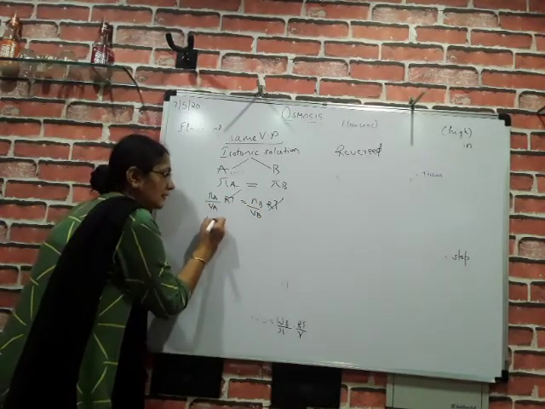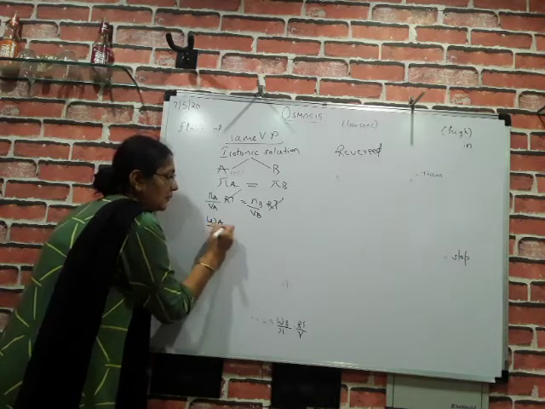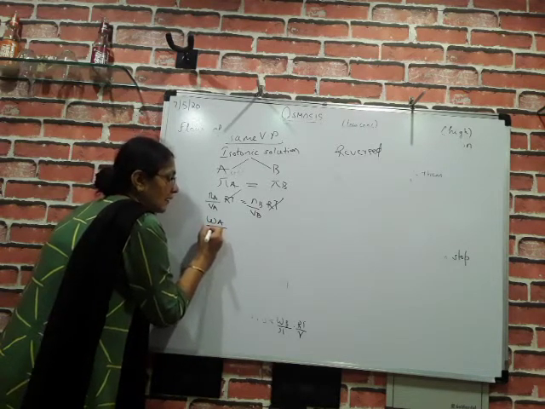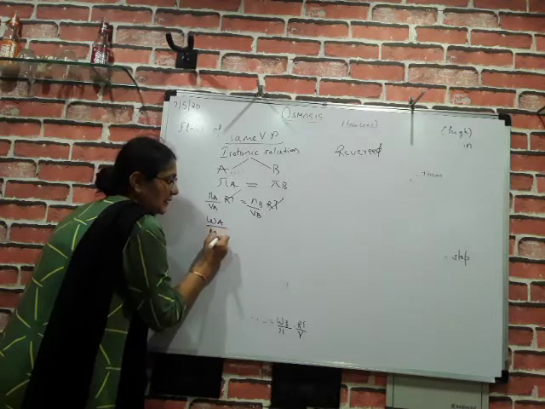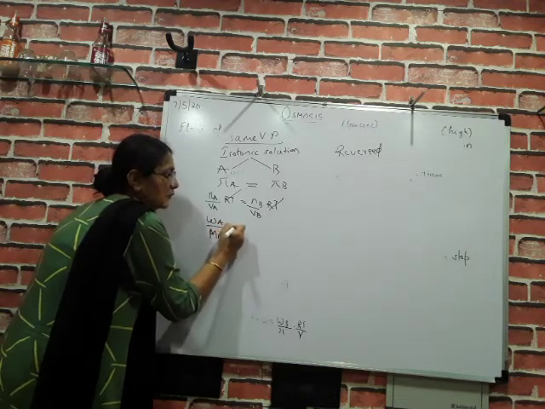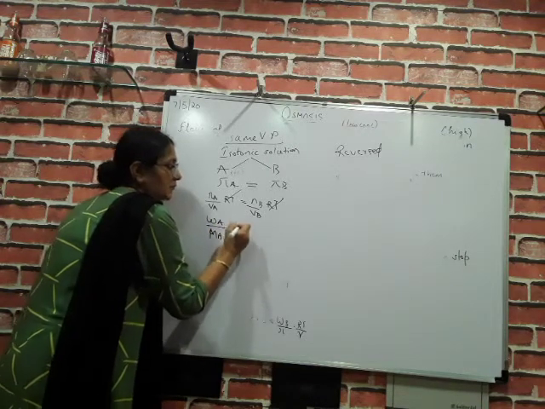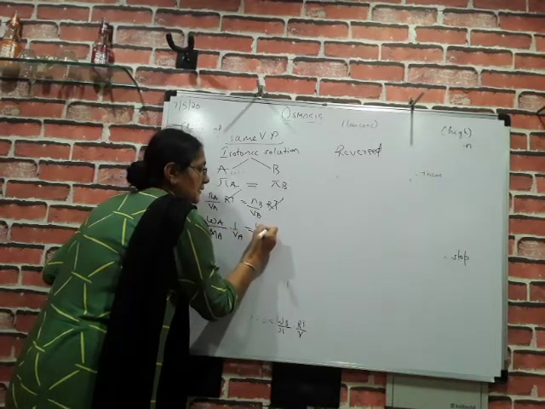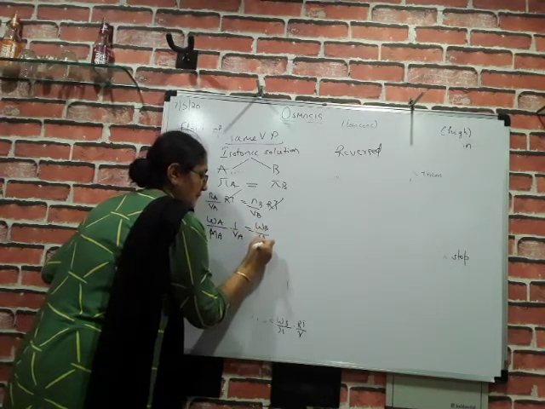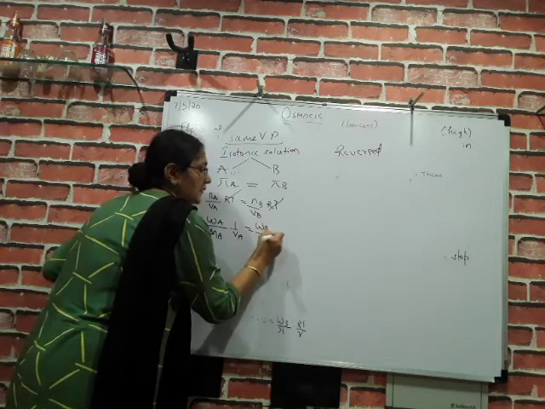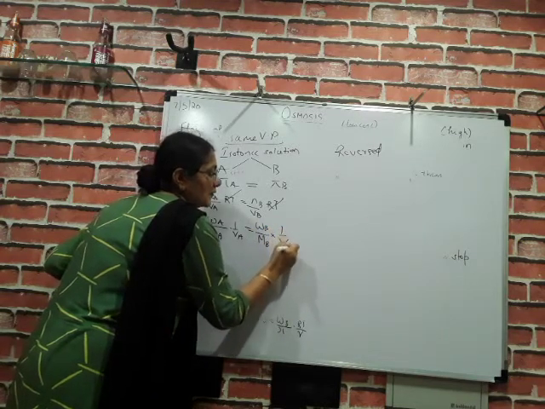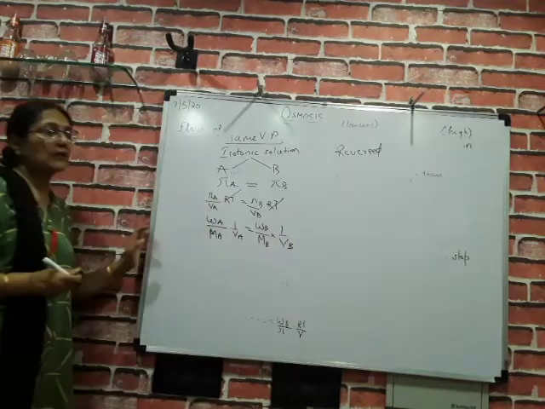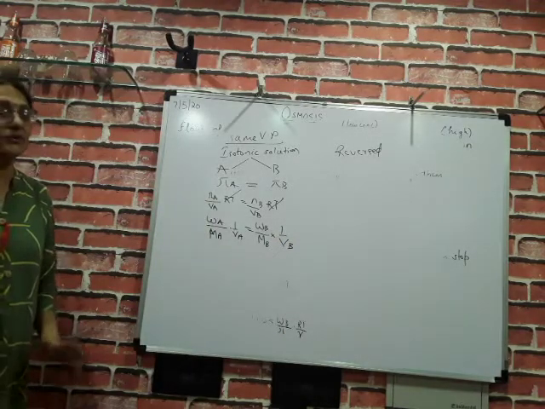Or we can write WA upon molar mass MA into volume VA equal to WB upon MB into VB. So these are called isotonic solutions.